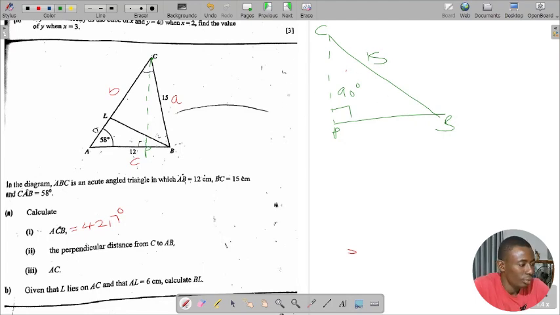So now we have a right angle triangle. So if you haven't watched my video of solving right angle triangles, please check it out. I've put a link in the description.